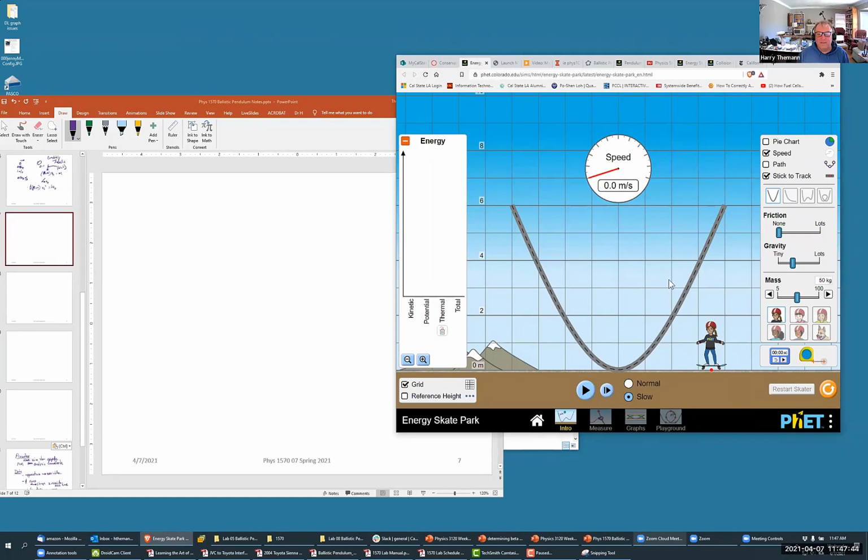Now notice that when I lift her up, the energy increases, the so-called potential energy. Now, when I put her on the track, and in fact, we can do this at normal speed for the time being, notice that she always comes back to the place that I started her at.